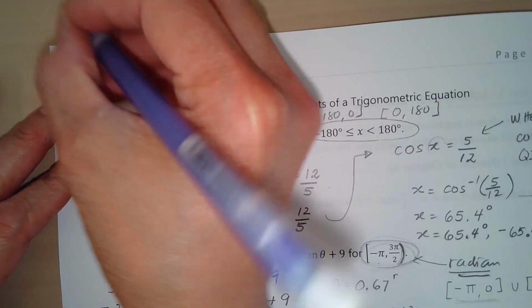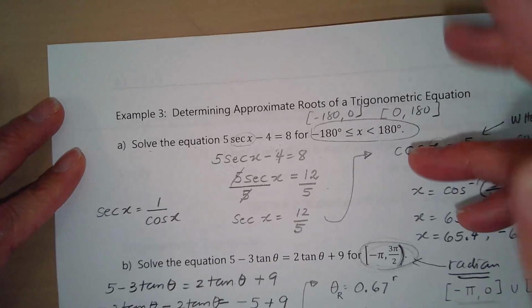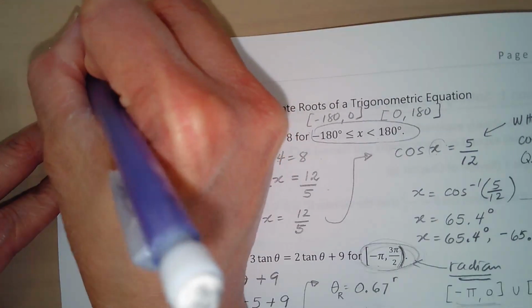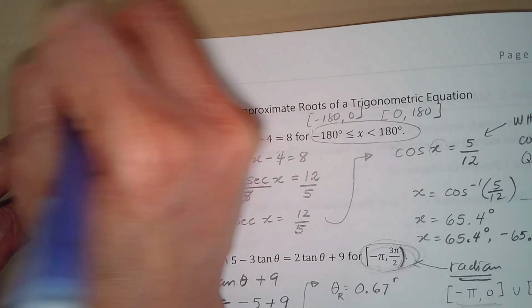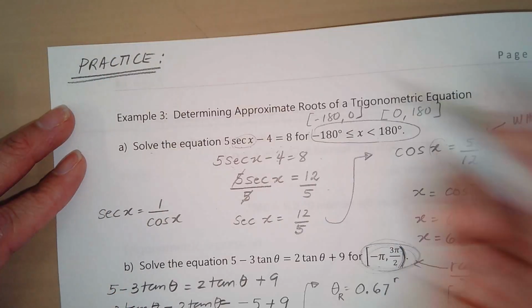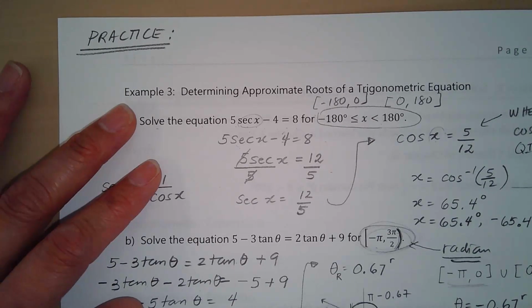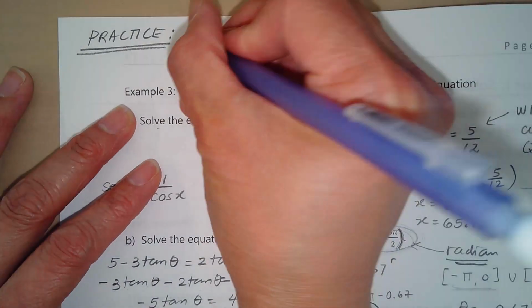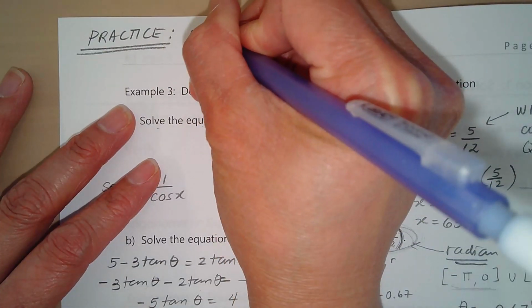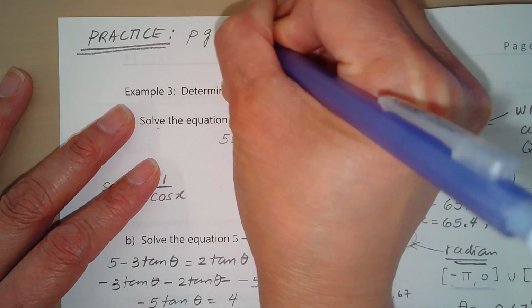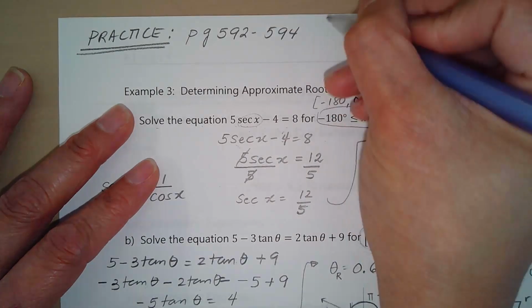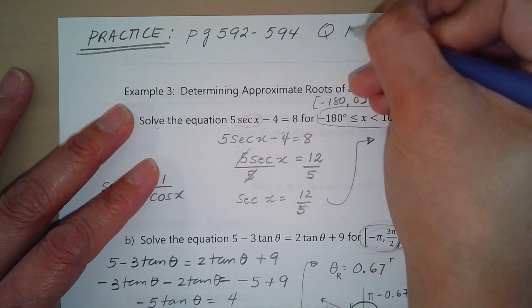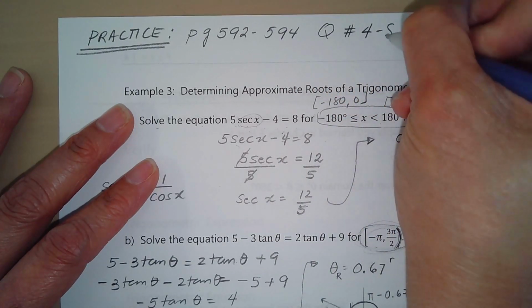So just for examples 1 to 4 for practice. And definitely practice is really a must. So page 592 to 594, question number 4 to 8.